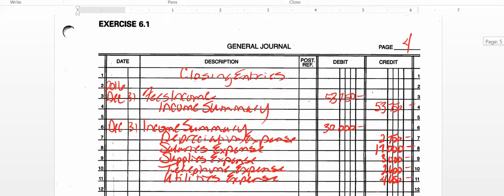Now, when you look at these two numbers, our fees income and our income summary, you can kind of just deduce that we had a net income.